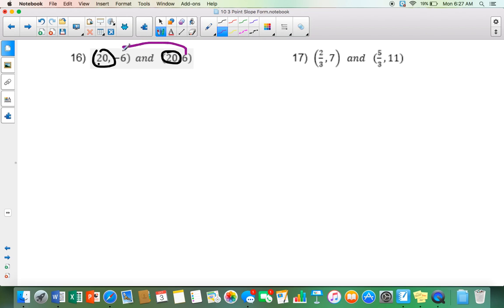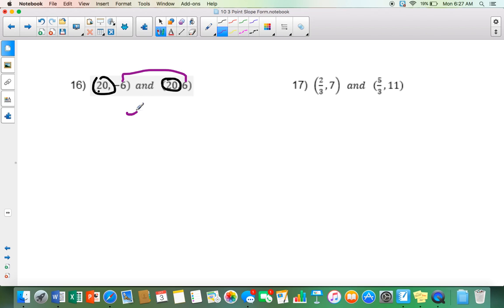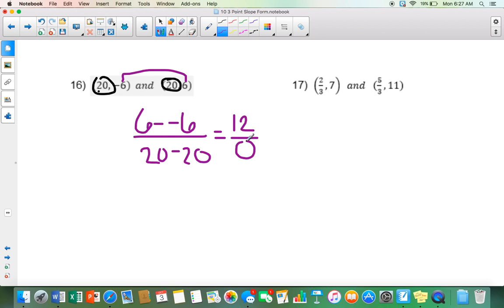So we do y2 minus y1, which is 6 minus a negative 6 over 20 minus 20.